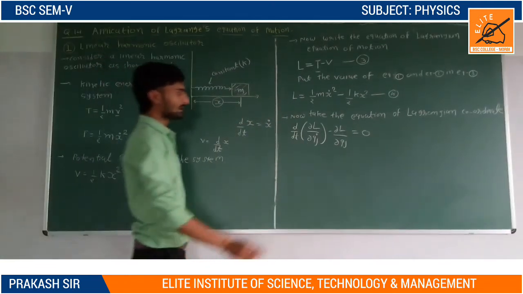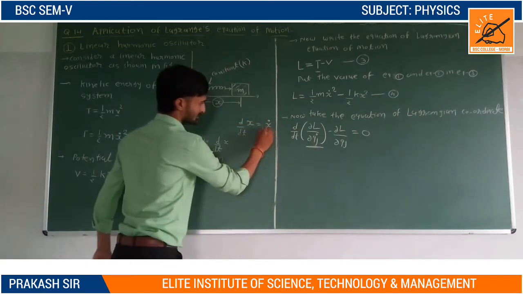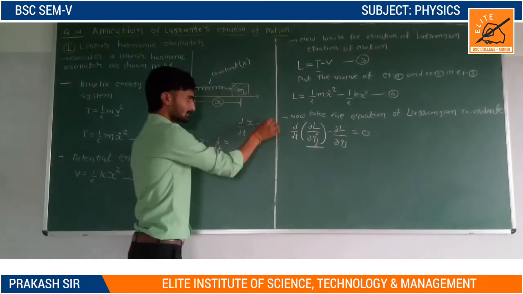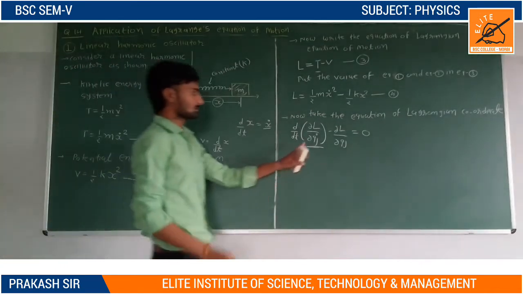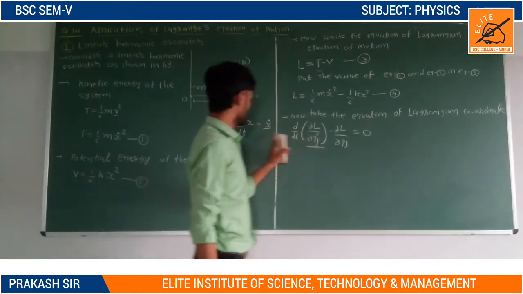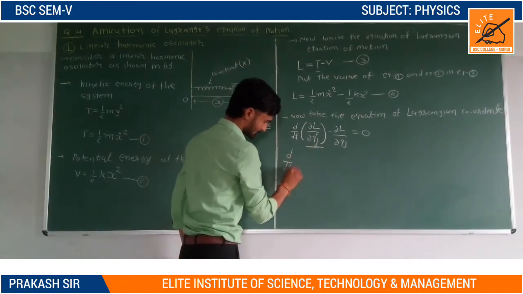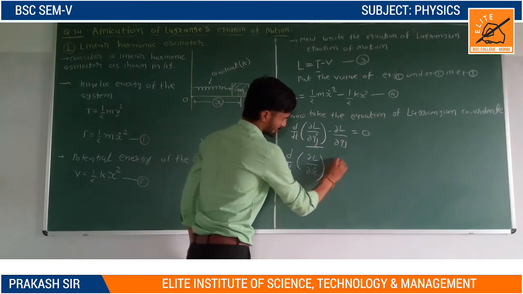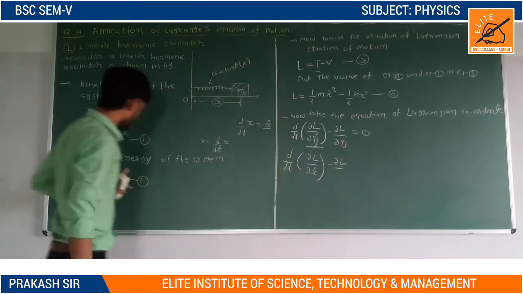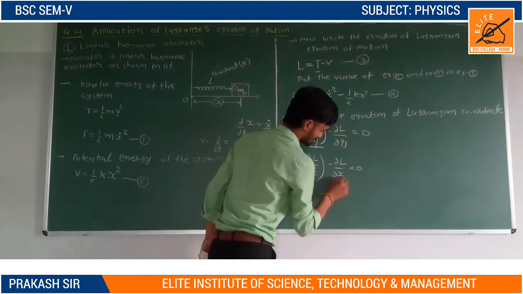Here variable coordinate q is equal to x. Here variable kinetic coordinate is x dot. Replace q dot with x dot: d by dt del L upon del x dot minus del L upon del x is equal to 0.